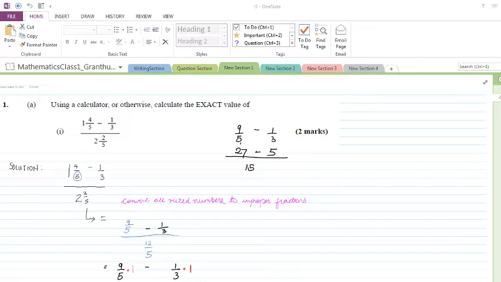2009 paper 2 question 1 January, you see the same kind of question. 2009 paper 2, that's May, June, you see. You can see what the first question looks like.